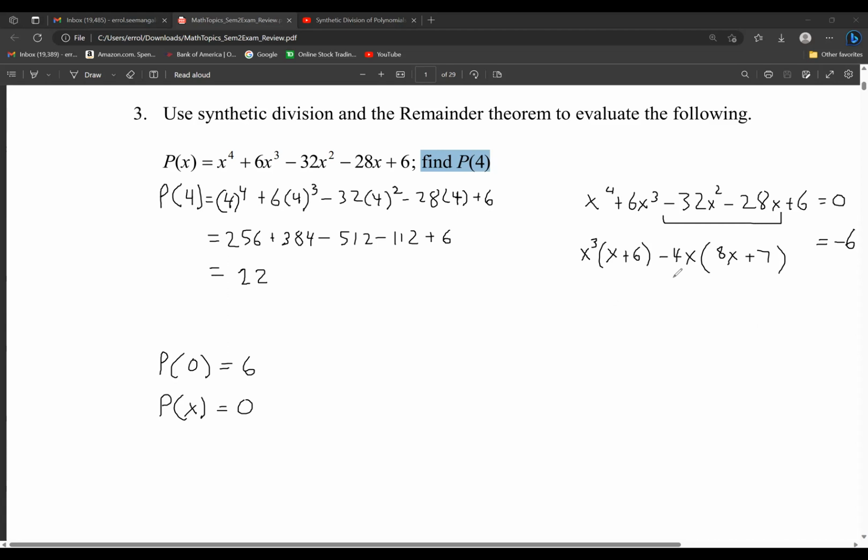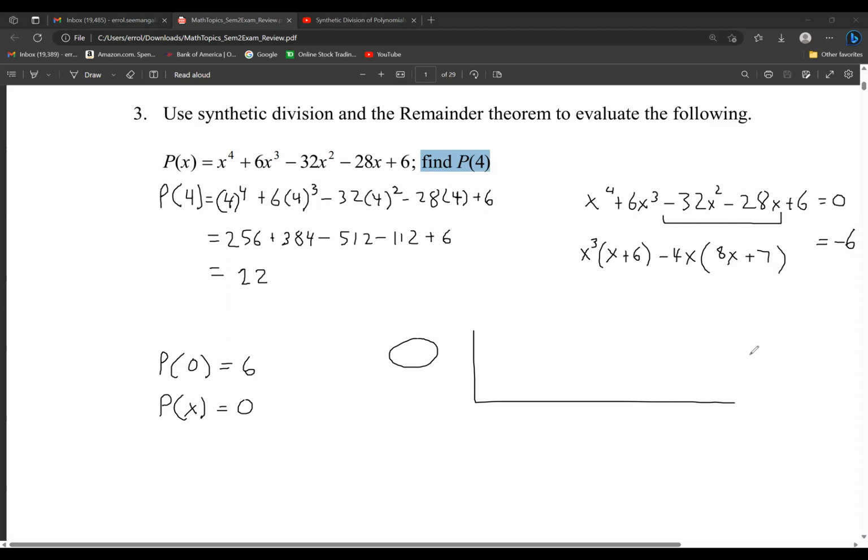Let me think about this one. This one we have to find the 0 first. Then once we find the 0, that's the number that goes here. Then we can start the synthetic division. P of 0 is 6.